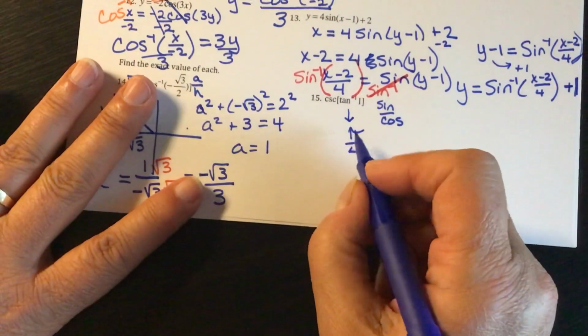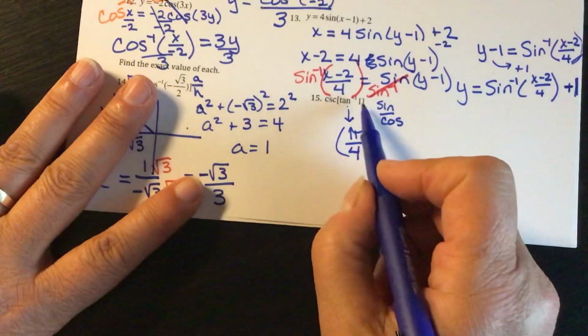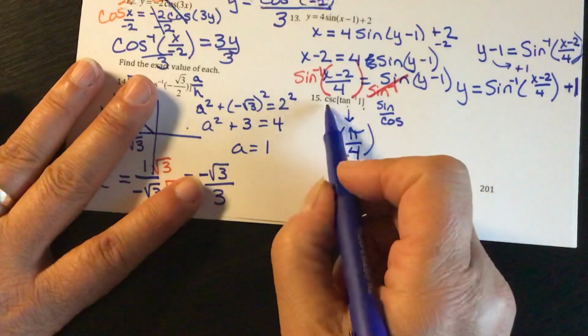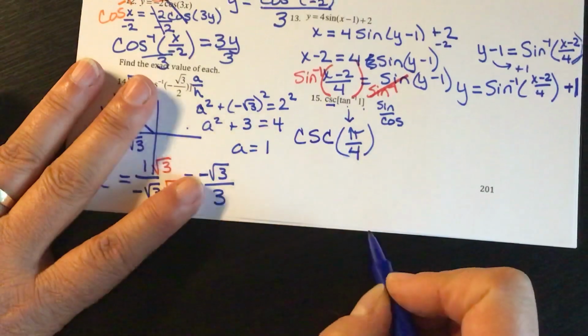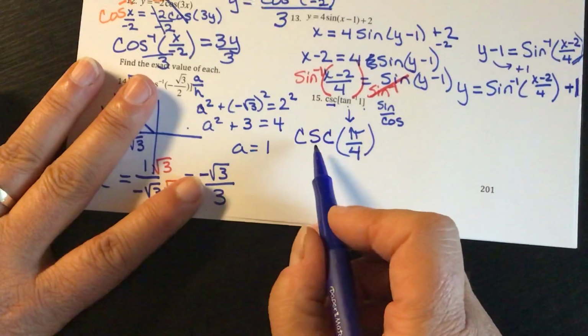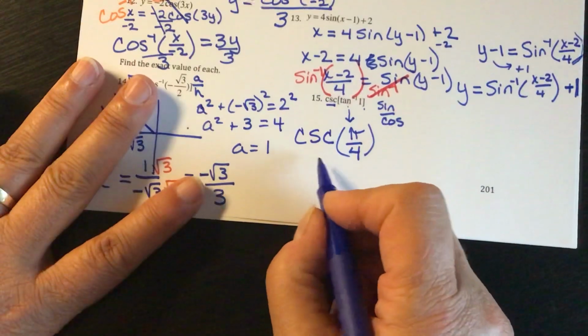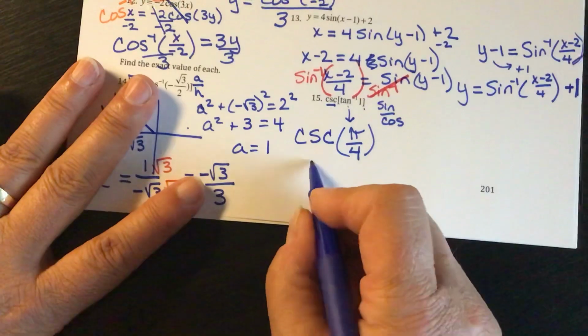Now, if I have the angle that has a tangent of 1, which is pi over 4, now I want to find the cosecant of that angle. Now, the cosecant is the reciprocal of sine.